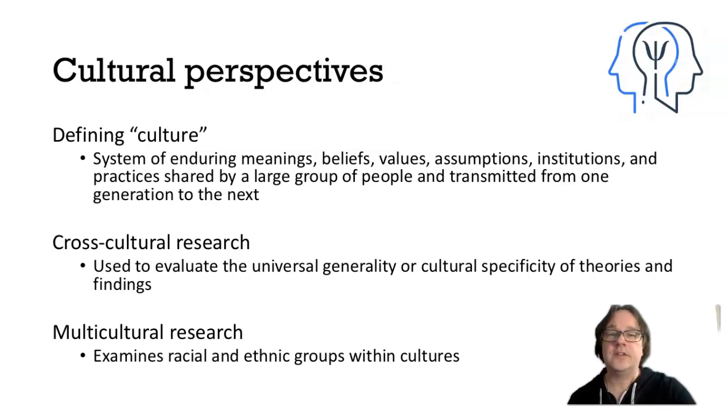Cross-cultural research is used to evaluate the universal generality or cultural specificity of theories or findings. In other words, are there some aspects of cultures that are universal? For example, the golden rule, do unto others as you want done unto you.